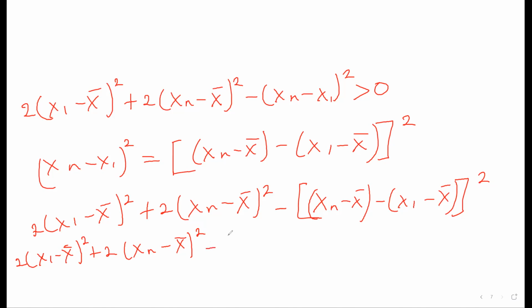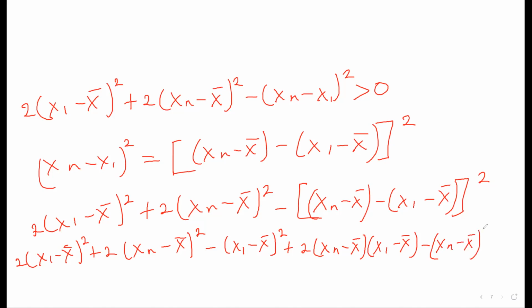Then this guy is going to give me (x1 minus x bar) squared plus 2(xn minus x bar) times (x1 minus x bar) minus (xn minus x bar) squared.